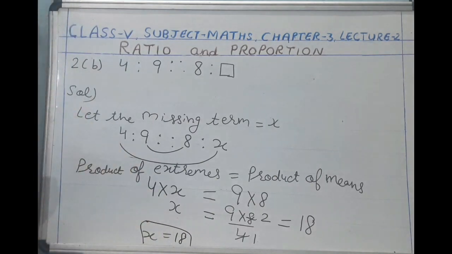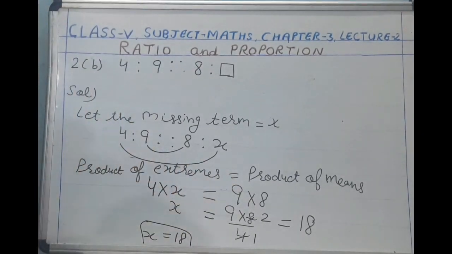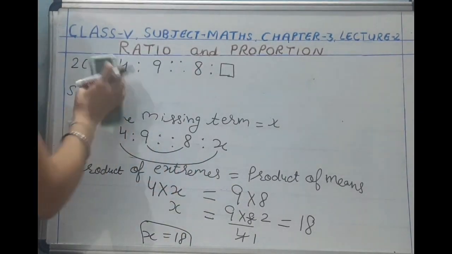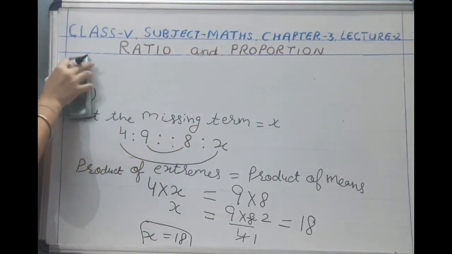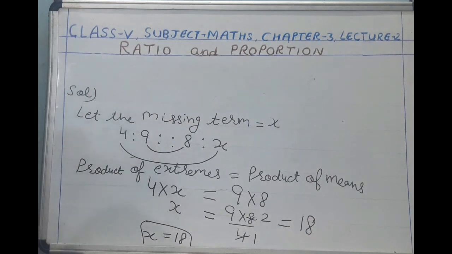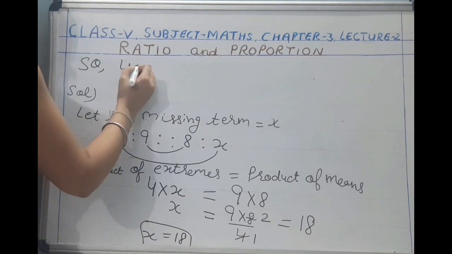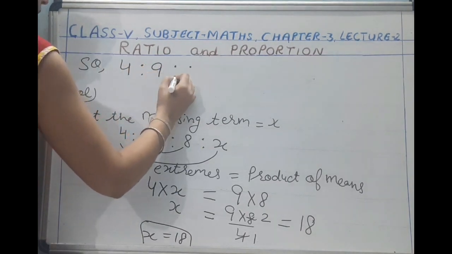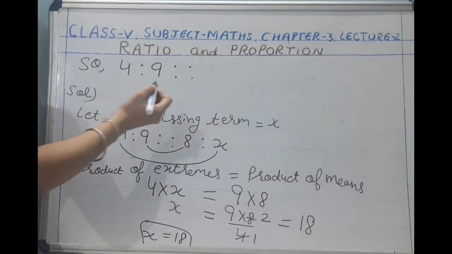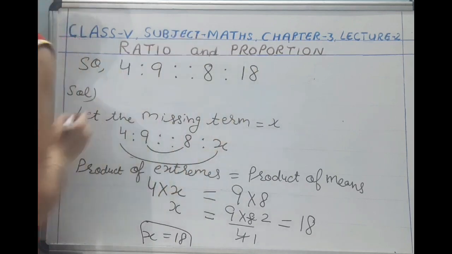Understood? So now we can write down at last here. Last you will write down your answer: 4:9 proportion 8:18.